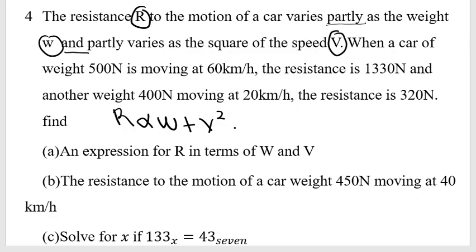So as it stands like this, when you want to change this to the variation equation, you introduce your constant of proportionality or your constant of variation. So you are going to have R equal to KW plus K1 V squared, where K and K1 are constants for you to find.